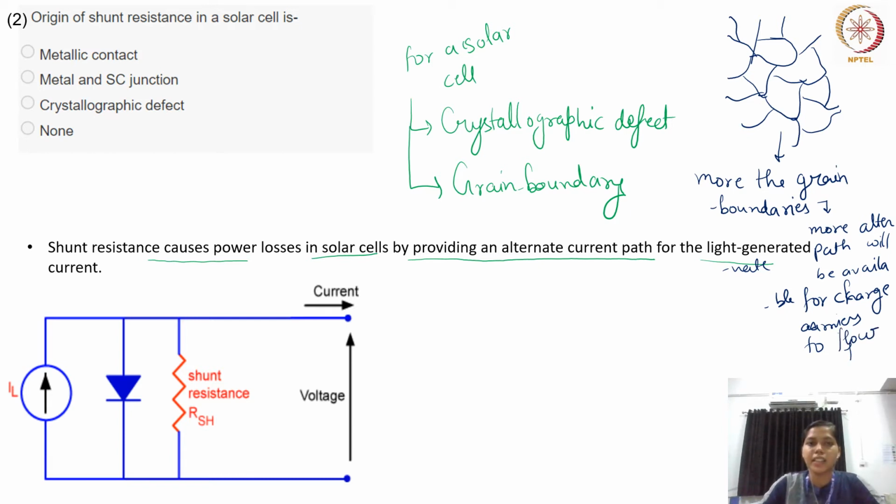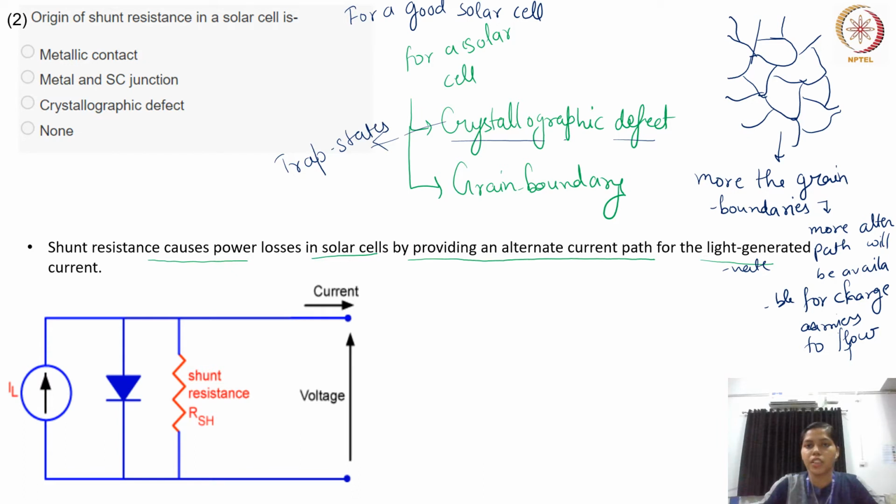So I can say that for a good solar cell, similar is the case with defects: the more defects, the more trap states, so more recombination will occur in that particular solar cell.